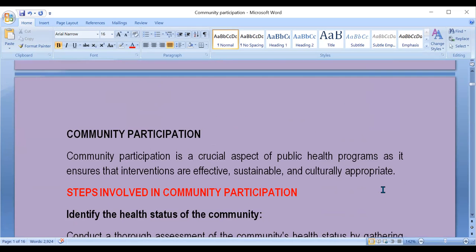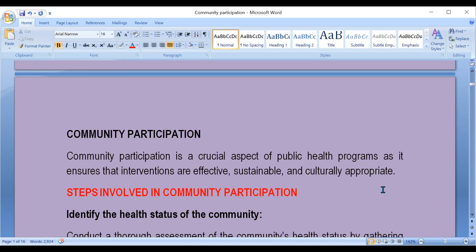Community participation is a crucial aspect of public health programs as it ensures that interventions are effective, sustainable, and culturally appropriate. Community participation is all about how the community gets involved in their own affairs, in all that concerns their own health.